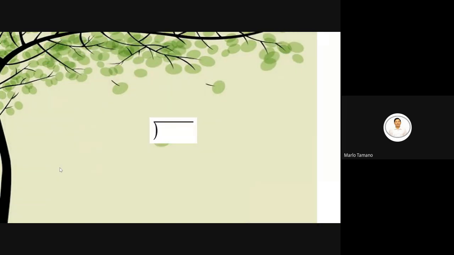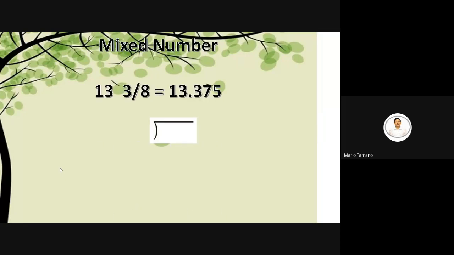Next. Now we're going to change this mixed number into decimal. So mixed number, we have 13 and 3/8, and that is equal to 13.375. So yan po yung sinasabi nila, 13.375.